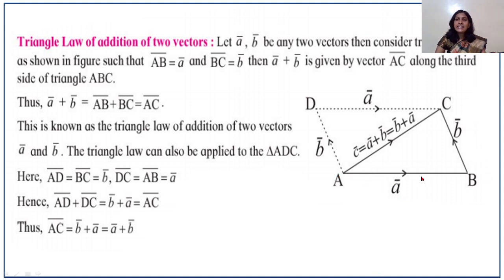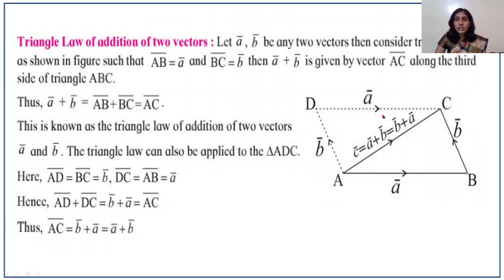Suppose there is a triangle ABC. Here AB bar is equal to a bar and BC bar is equal to b bar. We have to find AC bar. So we extend this, AD bar is equal to BC bar and AB bar is equal to DC bar. That means we form a parallelogram.